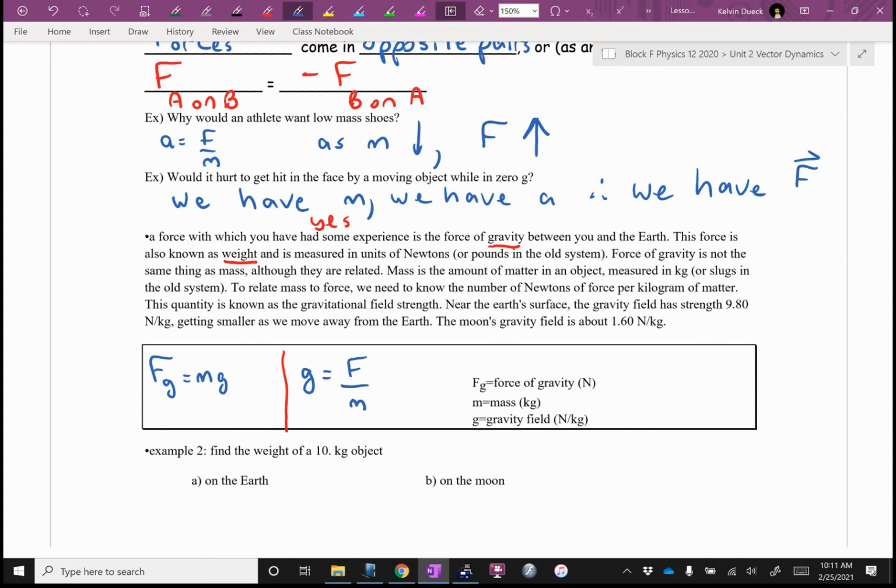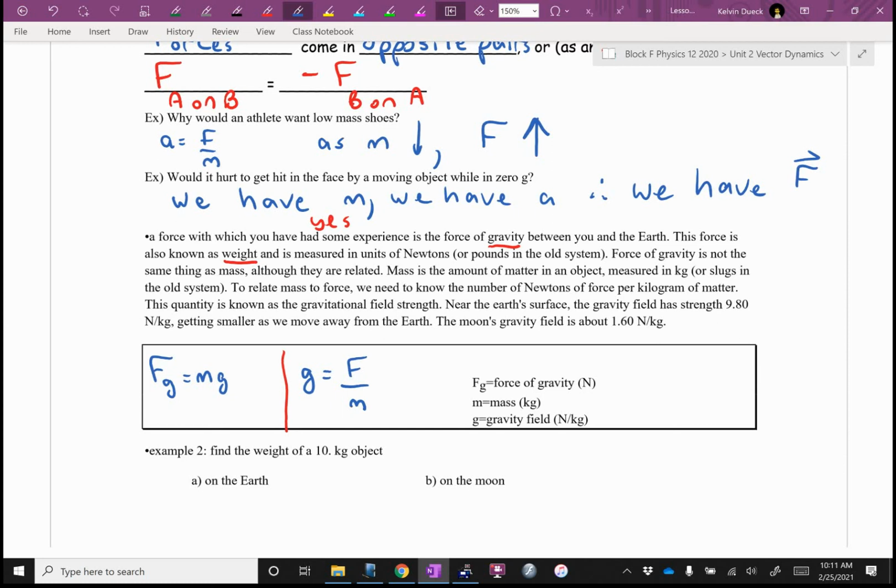Okay? The reason objects fall or accelerate at 9.8 meters per second squared is because the Earth pulls on every kilogram with 9.8 newtons of force. And if you get the a by itself in the force equation, F over m, if you're pulling on 9.8 newtons of force on every kilogram, you'll accelerate at 9.8 meters per second squared.